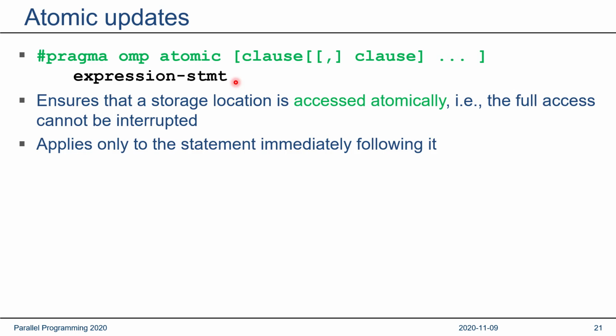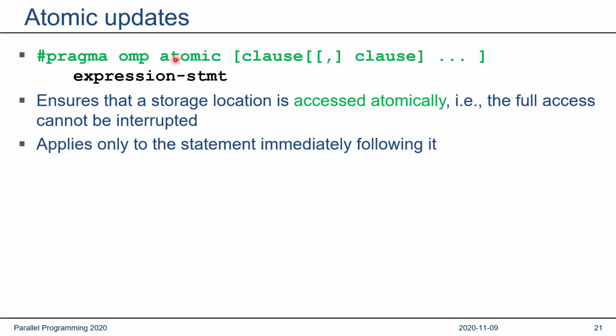So what it does is it ensures that a storage location, which is part of this expression statement, is accessed atomically, which means the full access cannot be interrupted. Whatever you do to this storage location that's modified in here, the whole process, read, modify, write, cannot be interrupted. So that's a very efficient way to protect an update to a variable.